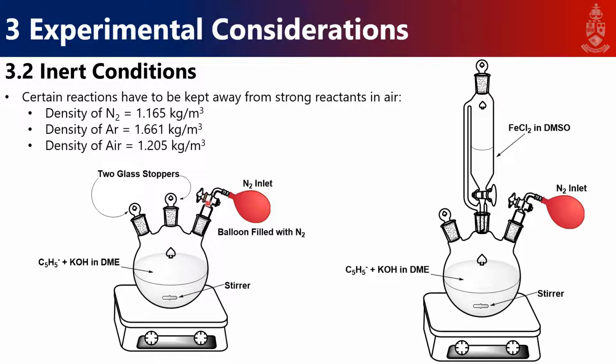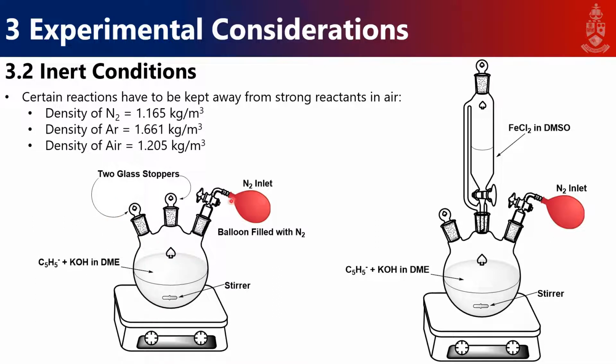When we use nitrogen, you are going to continuously purge your system, and you will have a little balloon system that we put up. So you'll collect nitrogen, purge your system, and then collect nitrogen again, allow nitrogen to be added to the system, a continuous flow throughout the system.